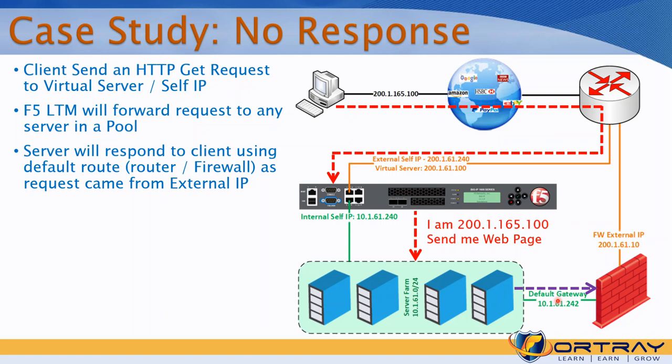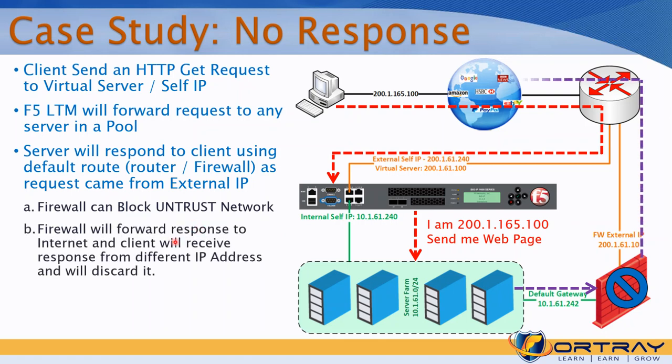So most likely the default gateway is the firewall. The server will respond to the client via the default router, as the request came from the external IP. A firewall can block untrusted networks. As you know, the firewall forwards the response to the internet and the client will receive a response from a different IP address and will discard it.